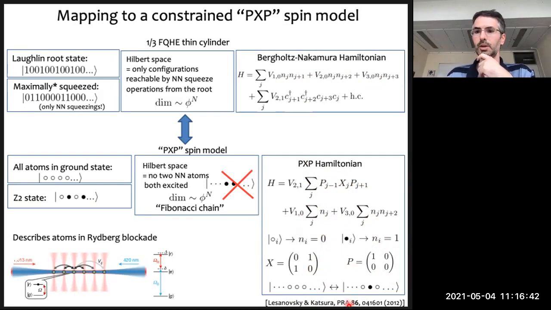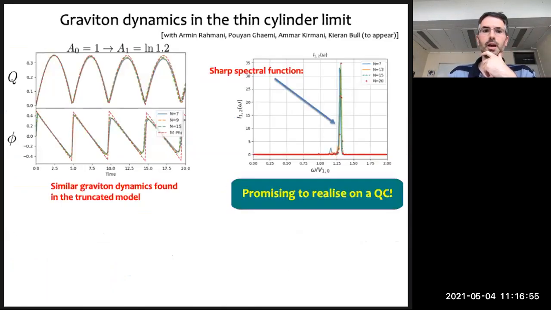Now, this is useful because you can work with a much simpler spin problem, and that's something you can put on a quantum computer. So the first thing we did was just to check that some of the physics survives in this kind of system. And indeed, if we do an anisotropy quench in this thin torus limit, we find exactly the same type of oscillations that we've seen before, the same type of dependence on Q and phi.